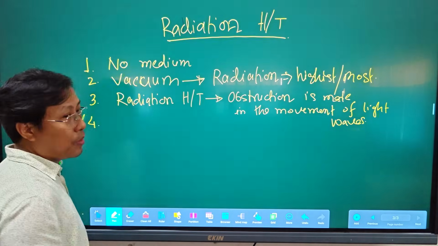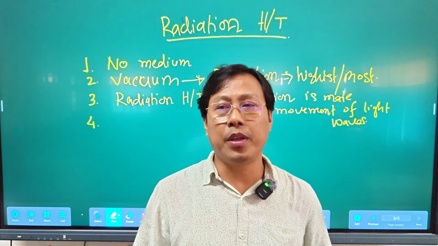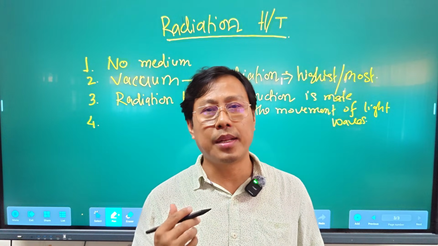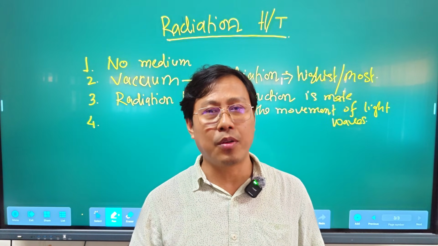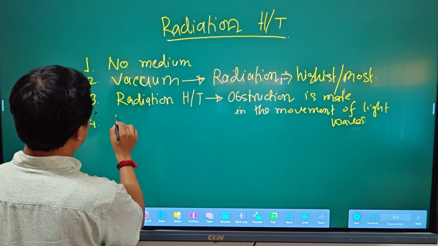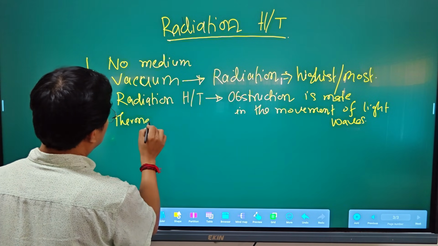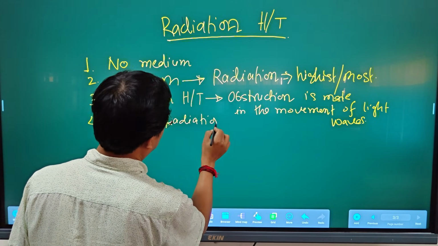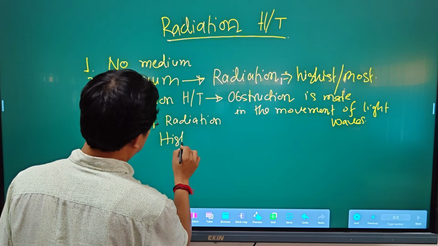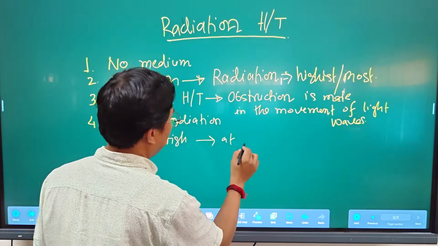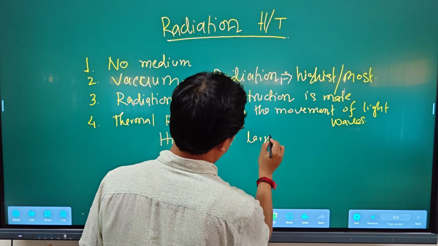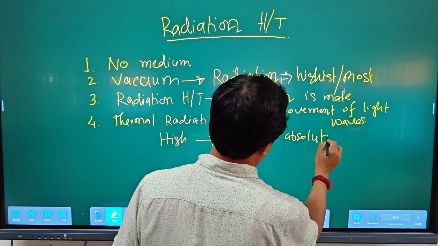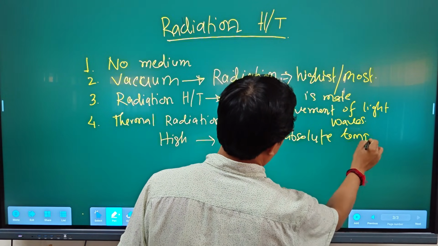Fourth point, the thermal radiation will be maximum at the highest temperature. The radiation heat transfer will be maximum at the maximum absolute temperature. Thermal radiation is very high at a larger absolute temperature body.